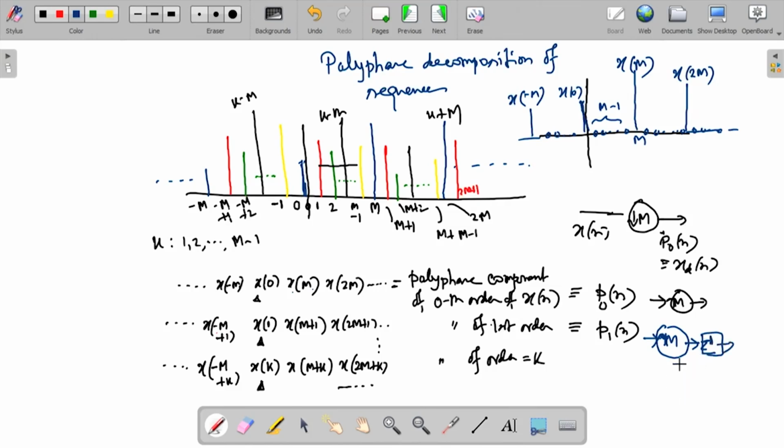Then what will happen? If I expand this first, between x[1] and x[M+1], M minus 1 zeros will come. Between x[M+1] and x[2M+1], M minus 1 zeros will come. Here also.